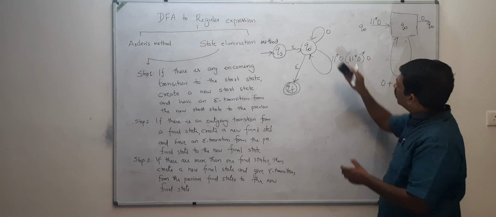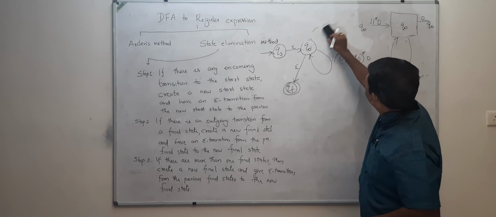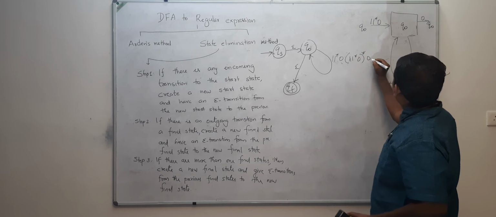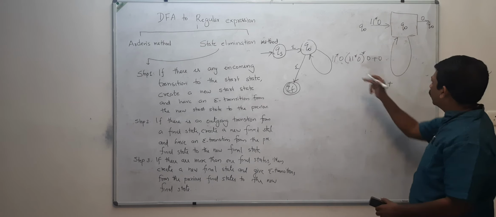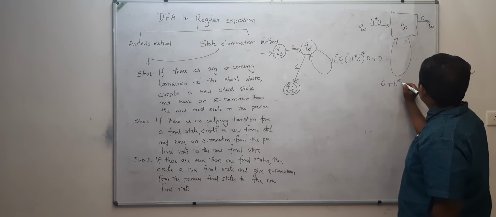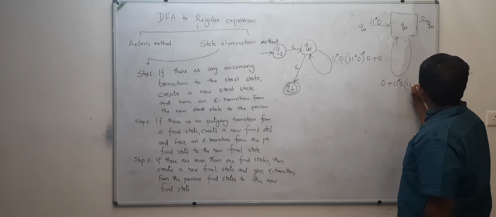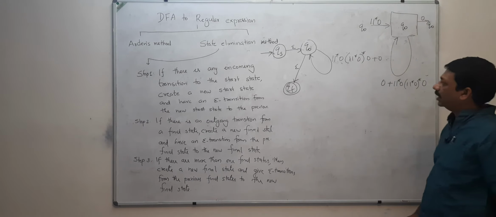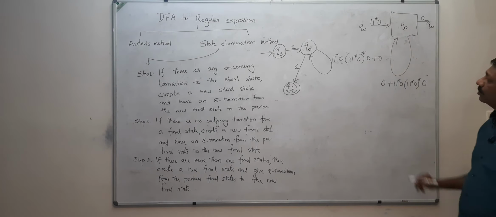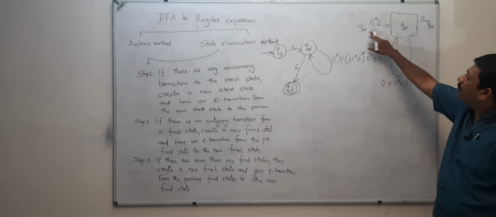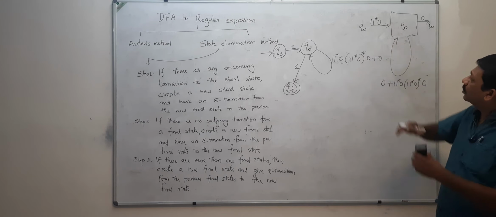If you are clubbing these two, this will become 0 or 1 star 0, 1 star 0 star 0. Okay. Now, 1 star from Q0 to Q0.